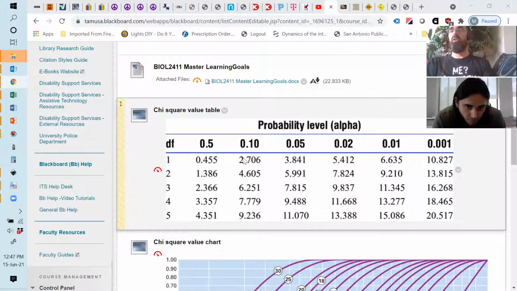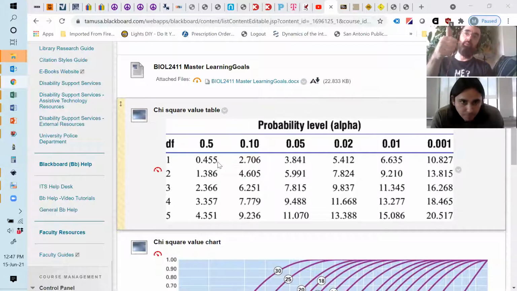Is it larger or smaller than any of these numbers? Our 0.04 is smaller than this number here in the first column. So then we read up and say, that's a p-value of 0.5. Actually, it's smaller than that, because it's even further to the left.